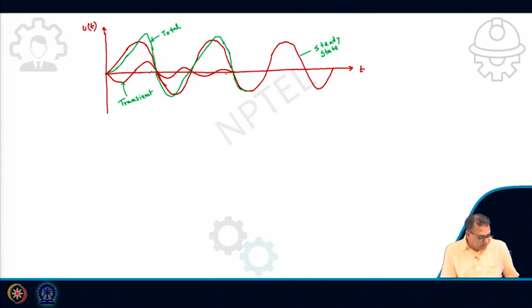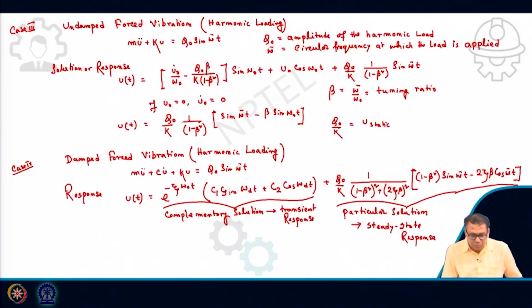Okay. So now we have the two constants C1 and C2. How will I get these two constants?